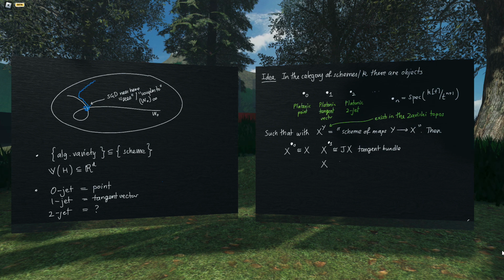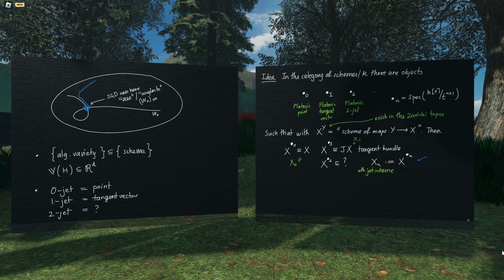Okay, now we can keep going, right? That's a way of sticking a little Platonic order 2 jet into X. But X_n, the nth jet scheme, is by definition X to the power of the Platonic nth jet. So that means that X_0 is just X, X_1, the one jet scheme of X, is just the tangent bundle, and so on.